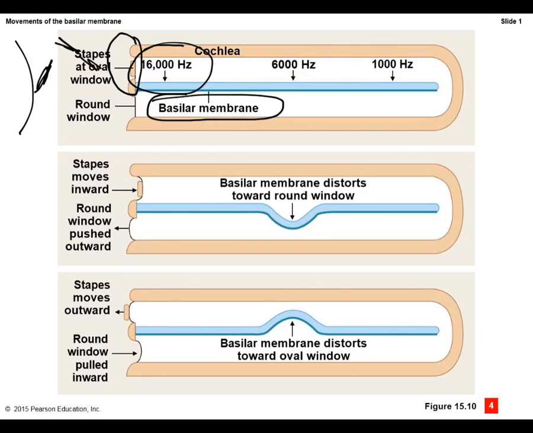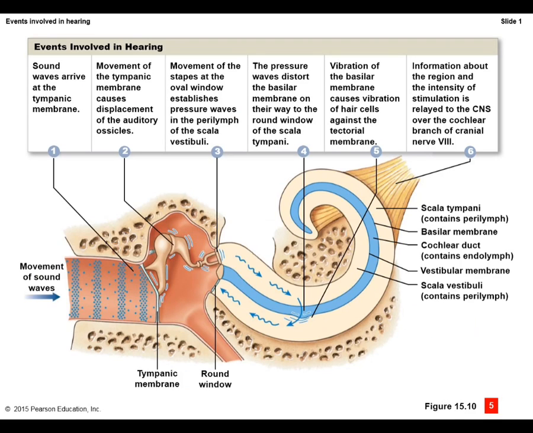So as the stapes is being pushed around, it's causing a wave of energy through this fluid area, and at one point the wave will hit the membrane, and that hitting of the membrane will cause the distortion, same idea, cause the depolarization, and off goes the signal to the central nervous system. So just realize that the further you go in, we go from a high frequency to a lower frequency as you go further down into the cochlea.